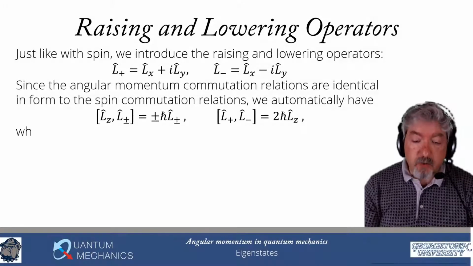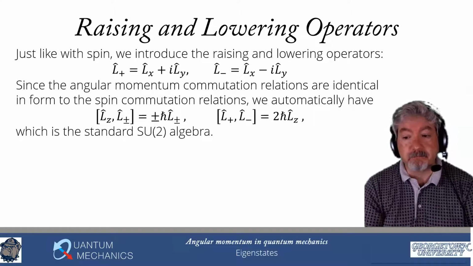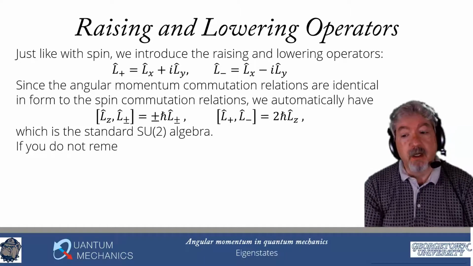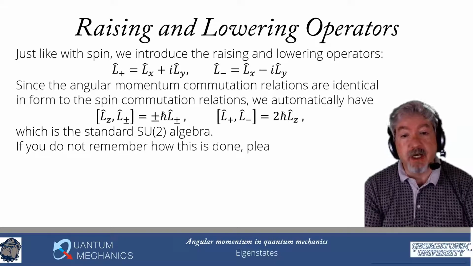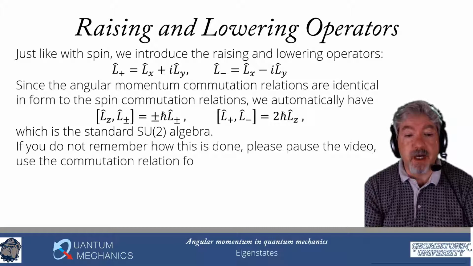And if you don't remember exactly how we did that, I encourage you to pause the video, write out the results in terms of the Cartesian commutators. You have L plus and L minus written in terms of the Cartesian operators.